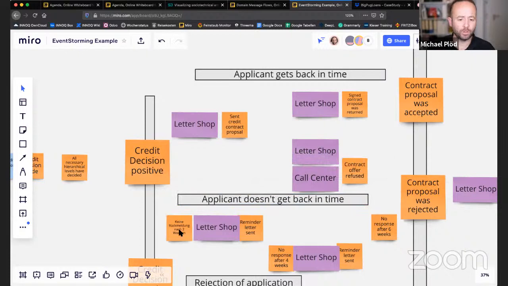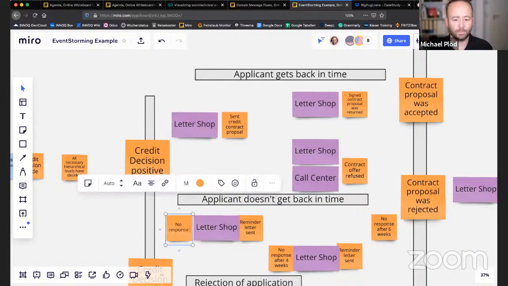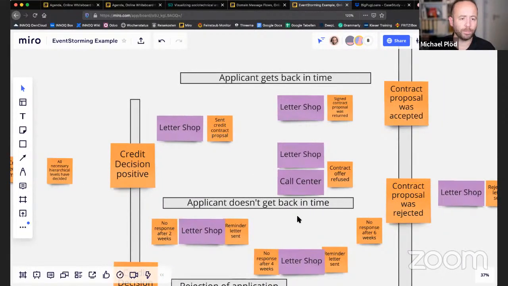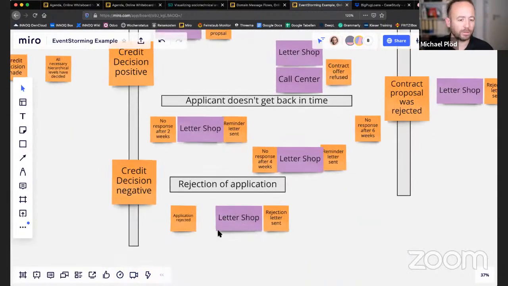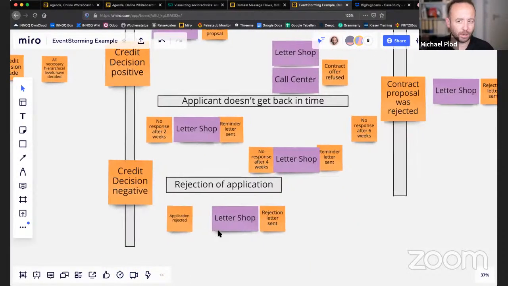Then after 2 weeks, we send a reminder letter. After 4 weeks, we send a reminder letter. And after 6 weeks, we say, okay, our proposal is no longer valid. In the case of a negative decision, we reject the application again.